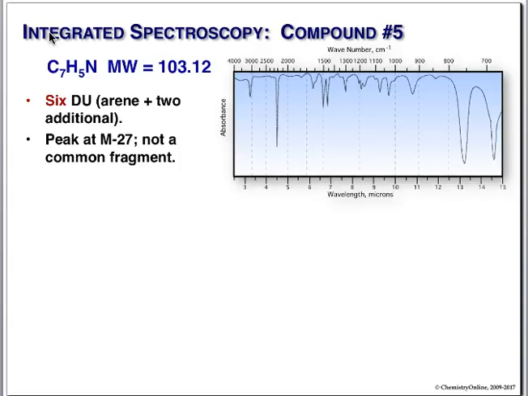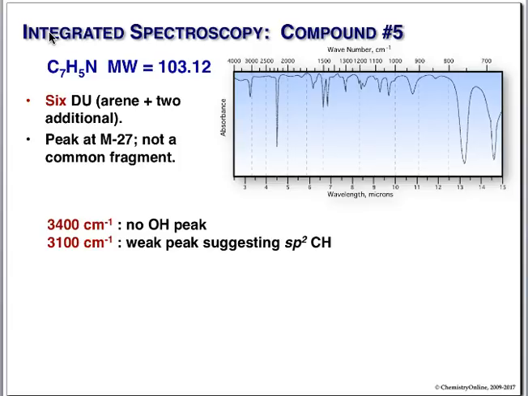Down here, we have a weak peak that looks like sp2 CH. On our high end of 3000, we really have nothing. First time we've seen that. No peak that looks like sp3 CH at all. Right here, 2200. One of the very nicest nitrile peaks you will ever see.